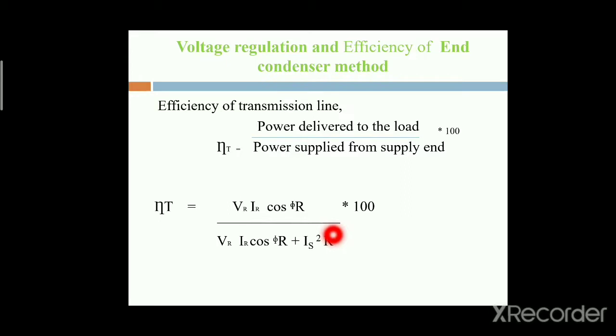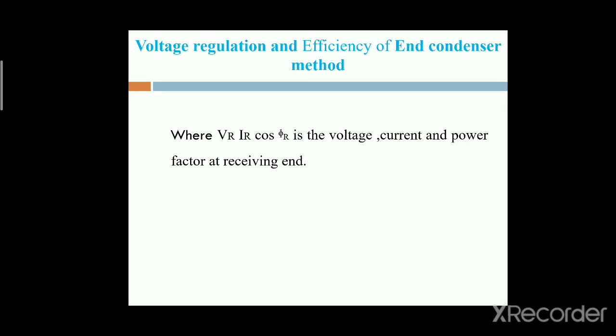In the case of a medium transmission line, we represent the line losses as Is square into Z. Here VR IR cos phi R is the voltage, current and power factor at the receiving end, and Vs Is cos phi S is the voltage, current and power factor at the sending end.